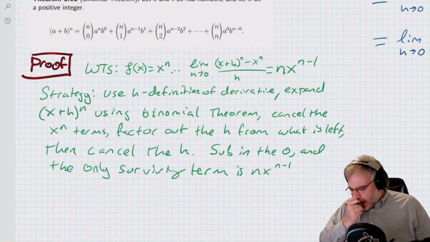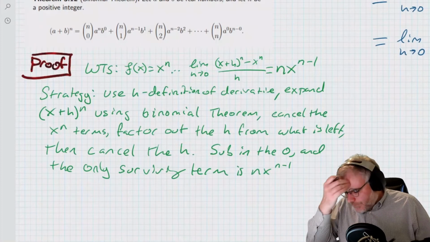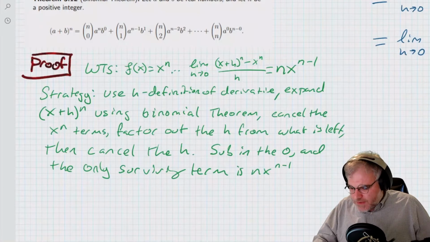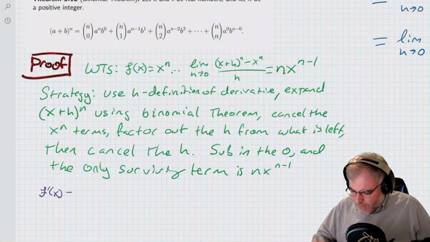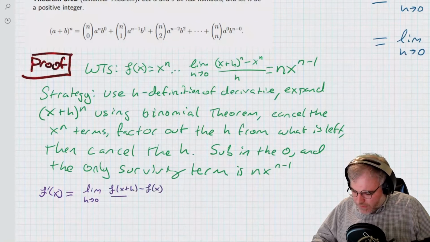Now, okay, so this was the binomial theorem. This is what we're going to use to do it. Okay, so f prime of x equals the limit as h goes to 0 of f of x plus h minus f of x all over h.